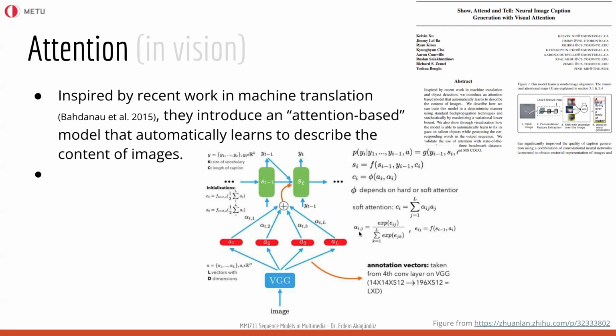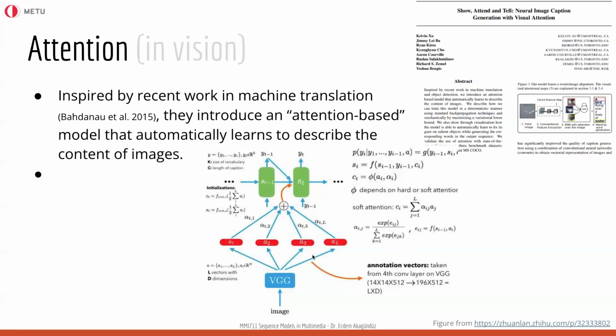So actually, the idea is the same. You are using the encoder hidden states, all of them, and the current decoder hidden state to calculate a score function, which you normalize by softmax, and you obtain this. So in a way, when you define what the sequence is for this input type, then it's the same.